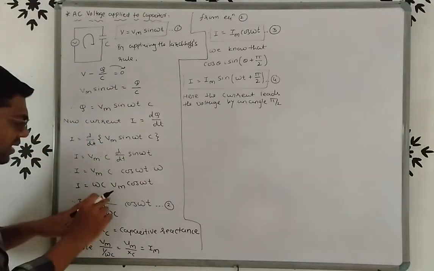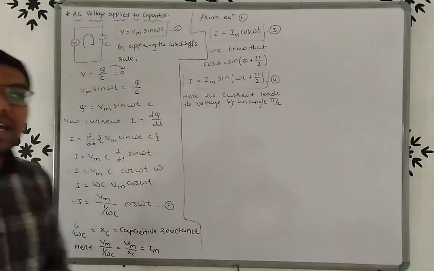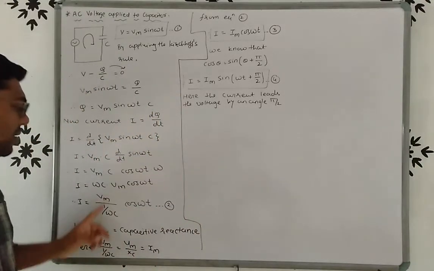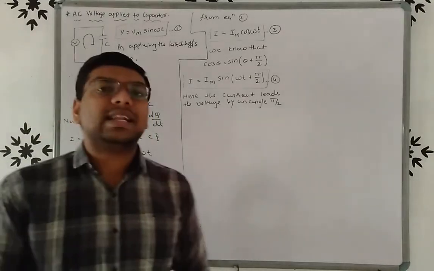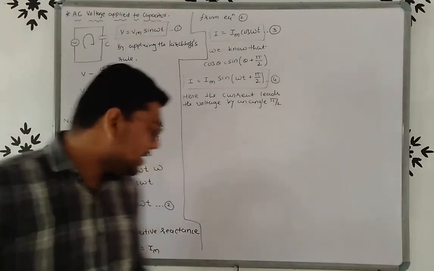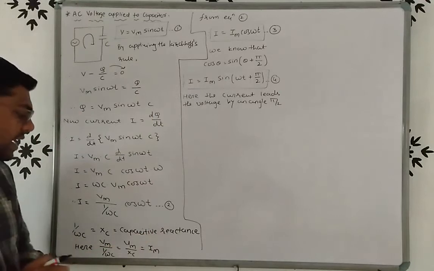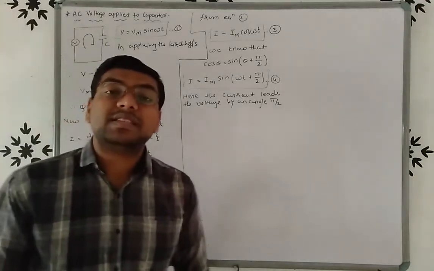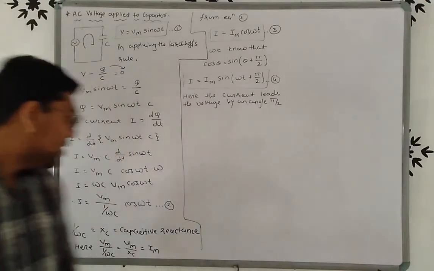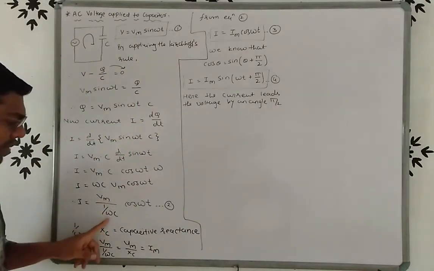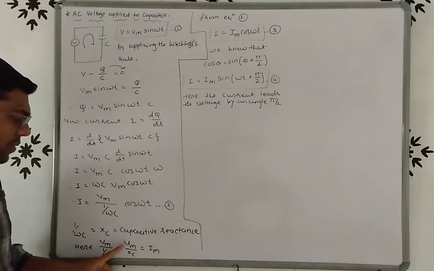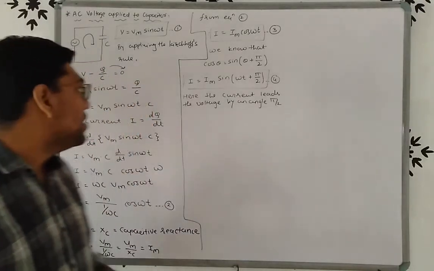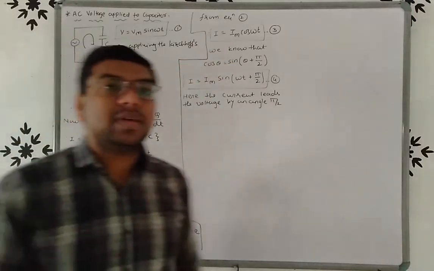Because we compare this Vm by 1 upon omega C with Vm by R. So we can say that this 1 upon omega C behaves as a resistor, that is known as capacitive reactance, denoted by Xc. The unit of capacitive reactance is ohm, right? So Vm by 1 upon omega C, or you can say Vm by Xc, is equals to Im.